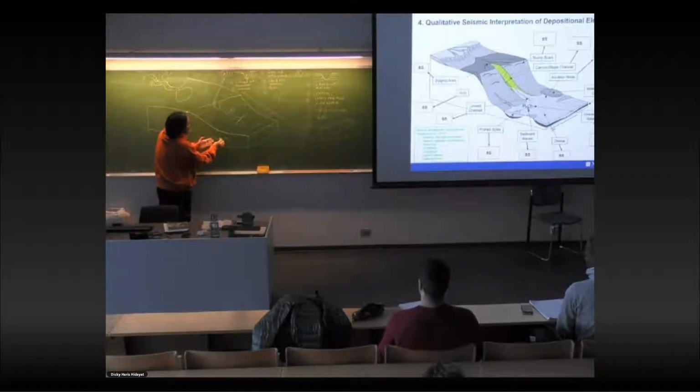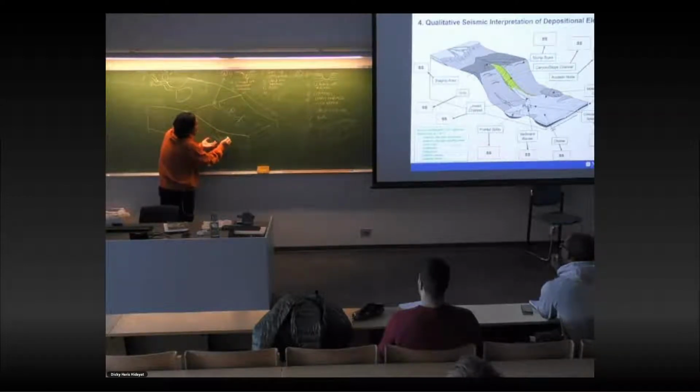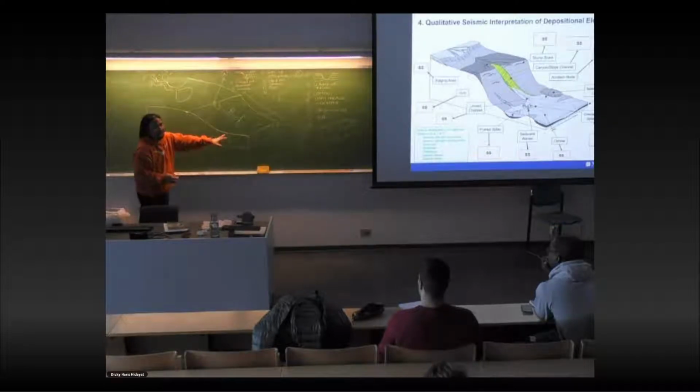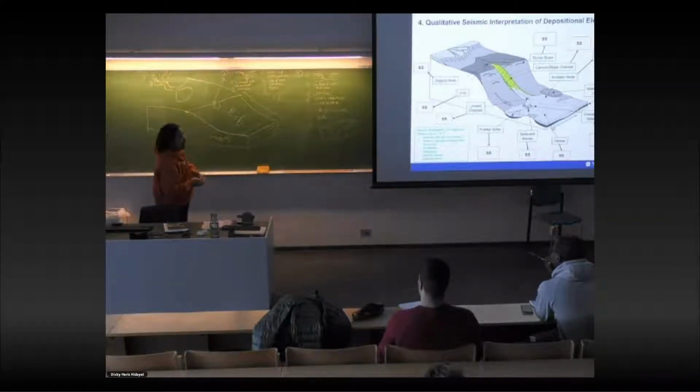And this natural bank, when the sediment is filling this, if the channel cannot accommodate the sediment, then it will go like this. Okay, that's what we call channel levee channels.